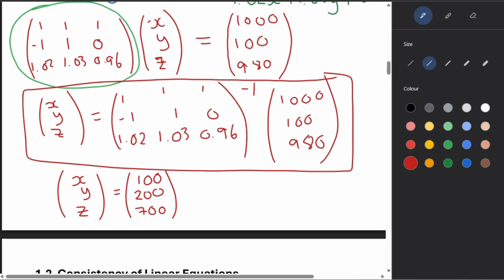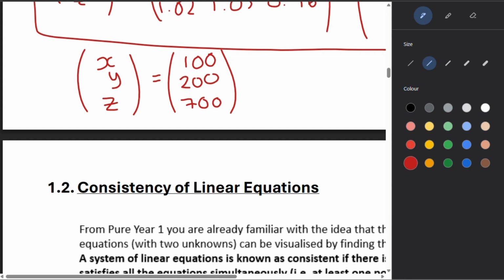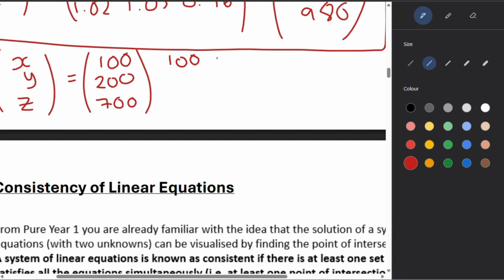Based on our set of equations, we have 100 adult males. We had, sorry about my writing, it is atrocious, 200 adult females.